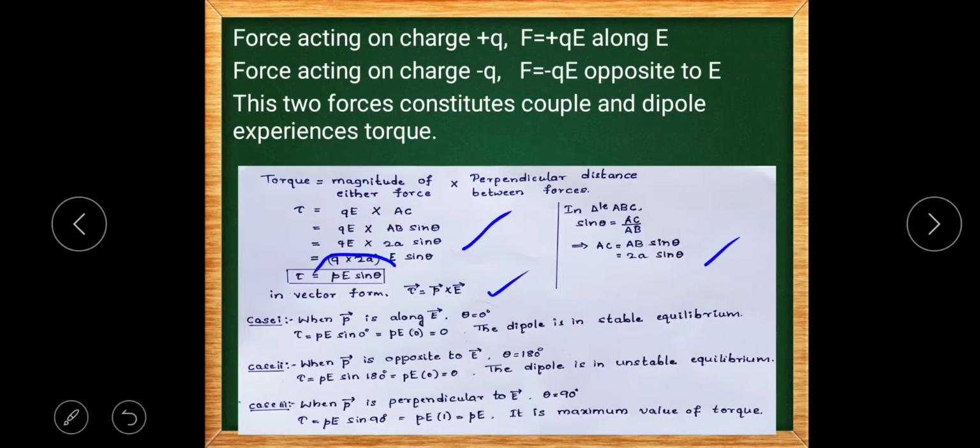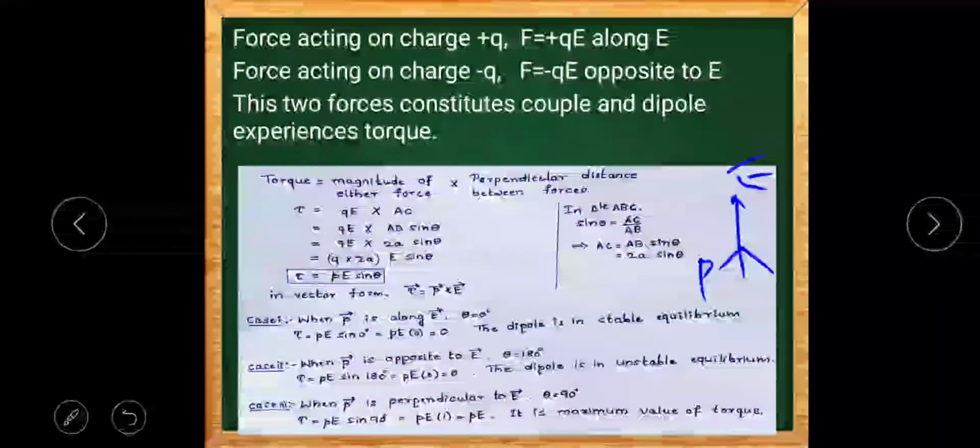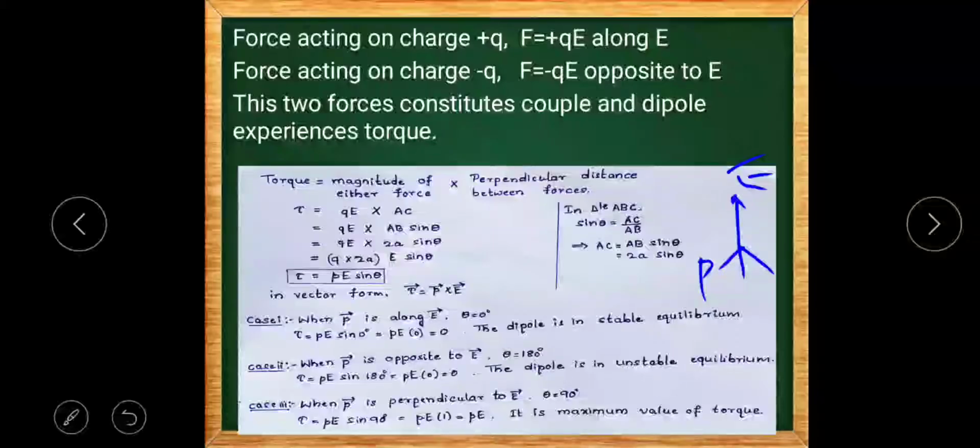If you consider, this is the direction of electric field E. Then the dipole moment is acting along P, means this is the direction of P. Then theta equal to 0, tau equal to PE sin 0 degree, sin 0 degree equal to 0, hence PE into 0 equal to 0. So tau equal to 0. In this state, the dipole is said to be in stable equilibrium.